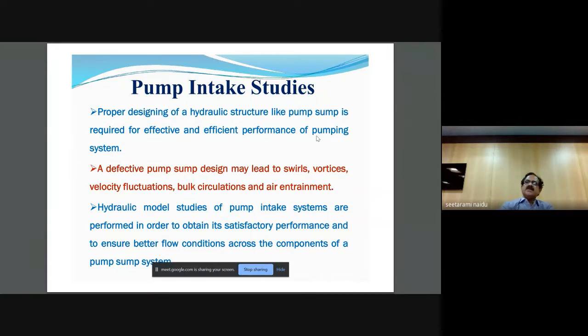Suppose there are 4 turbines rated at 60 megawatt each. If you need to develop just 60 or 80 megawatt, you should not operate all 4 units at 15 megawatt each, though people usually do it for ease of starting and maneuvering. It should not be done.